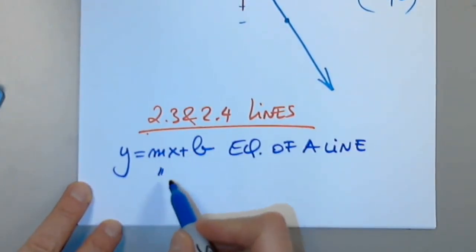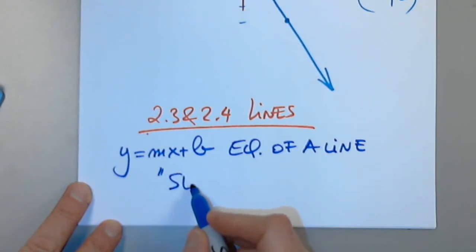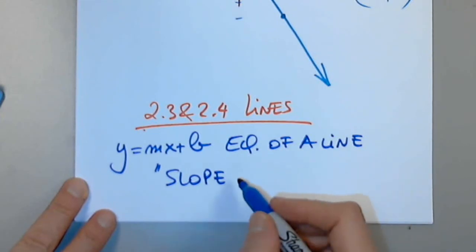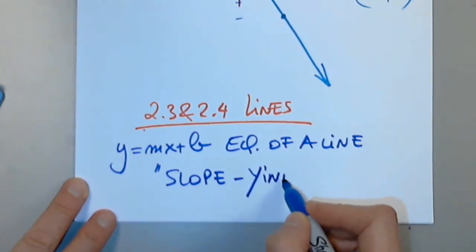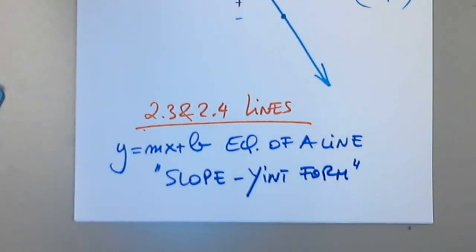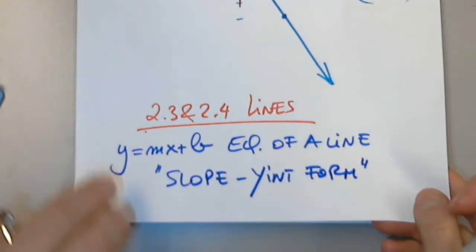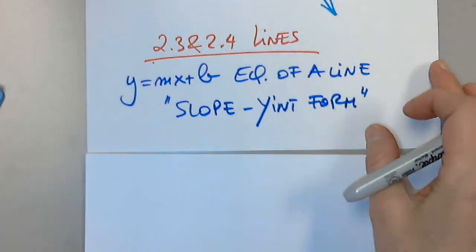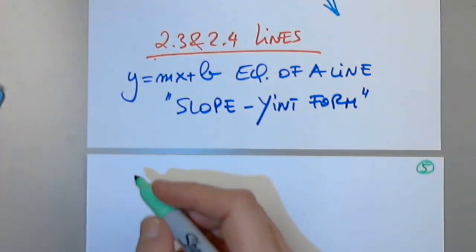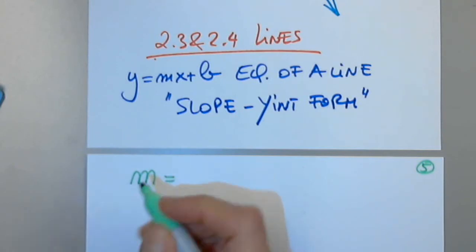And the name of the equation is slope intercept, but I like to be specific: slope y-intercept form. There's nothing wrong with saying slope intercept form, but it's really the y-intercept. There exists an x-intercept as well, so that's why I like to write slope y-intercept form. What does m represent?